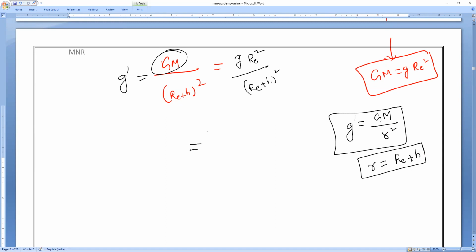Now, this is another, more standard formula. Divide both numerator and denominator by RE square. So what will happen, everybody?